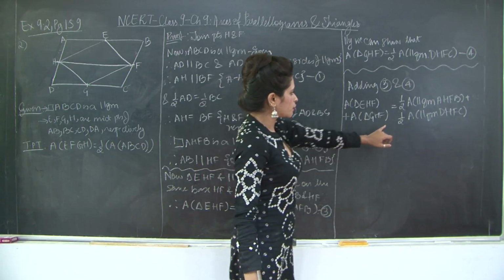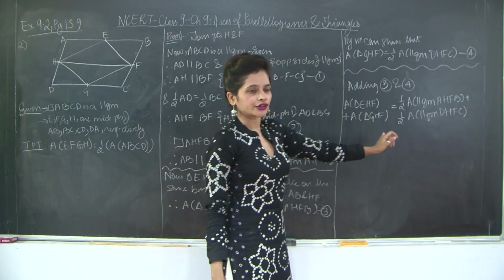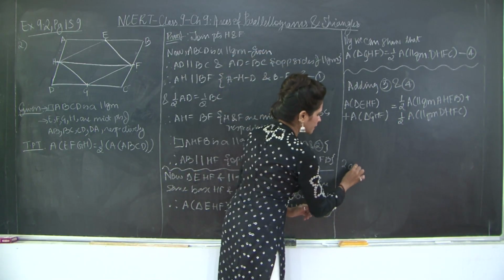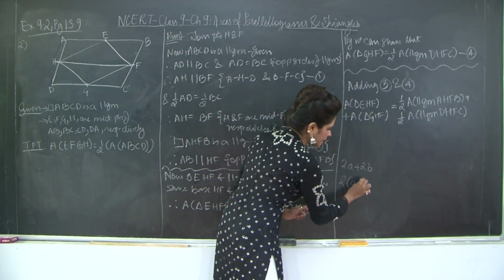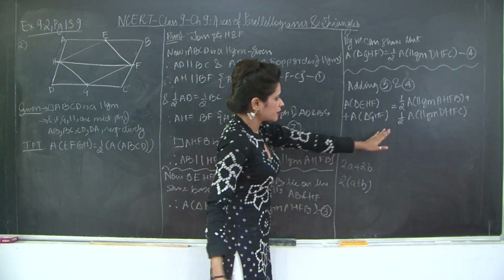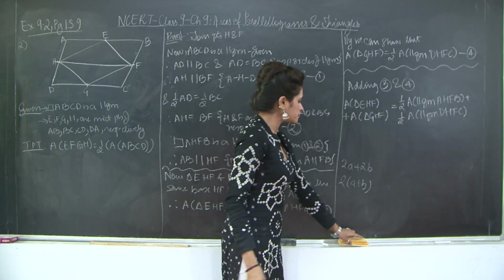Right? Now, if you notice, half will come out common over here. See, when you have 2A plus 2B, you remove 2 common and say A plus B. In a similar way, I will remove my half common outside.